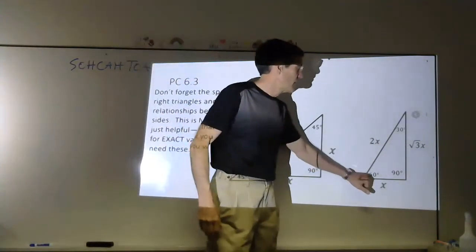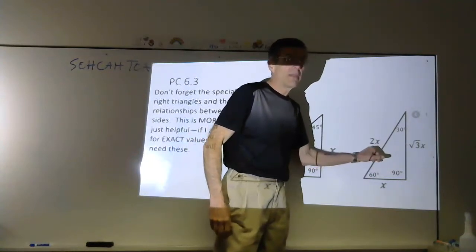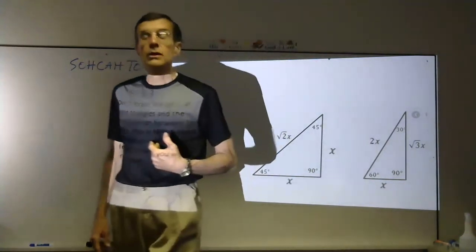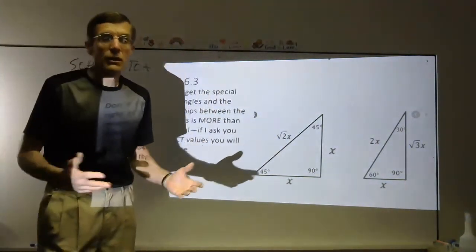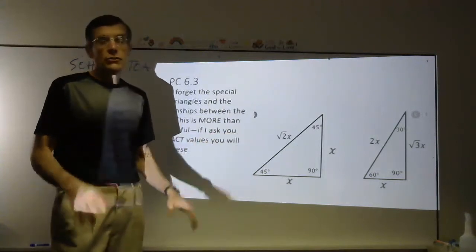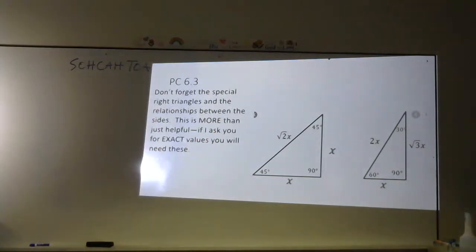The exact value would be root 3 over 2. If you divide root 3 by 2, you do get rounded off to 0.866. But watch out. If I ask you for exact values, that's what I will want. And it's very helpful to know these relationships.